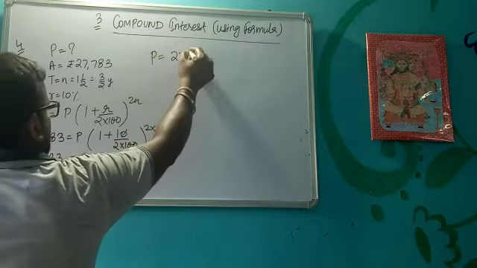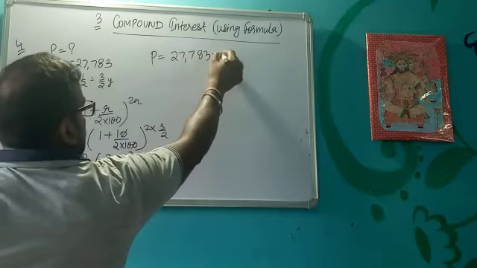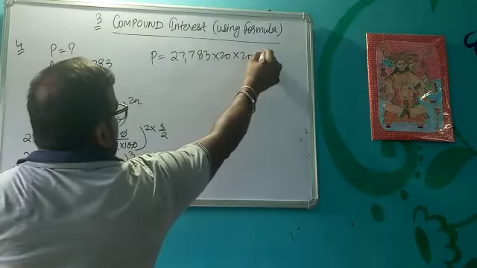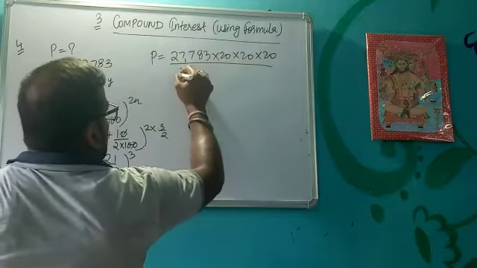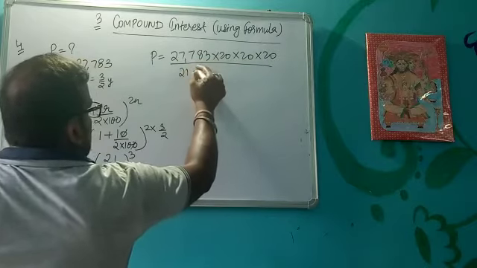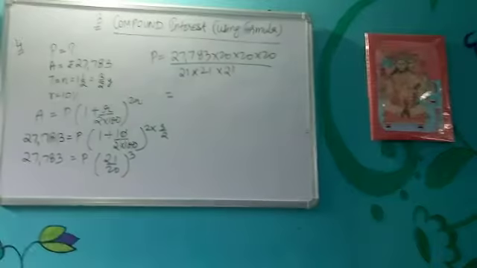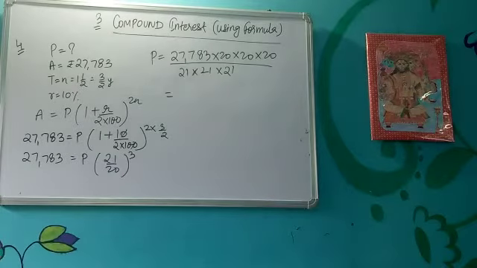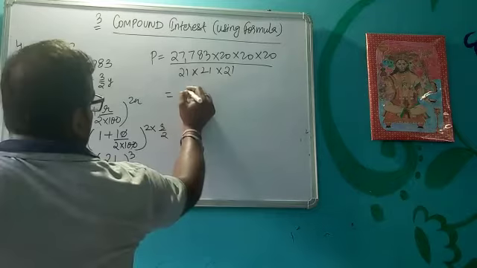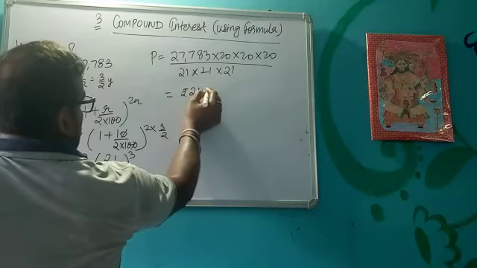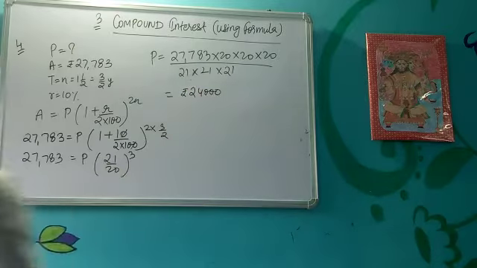P is 27,783 into 20 into 20 into 20 upon 21 into 21 into 21. Then after solving, we will get P as rupees 24,000.